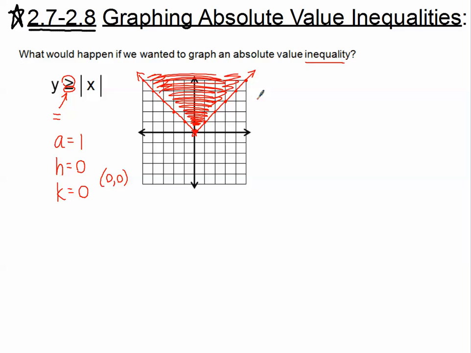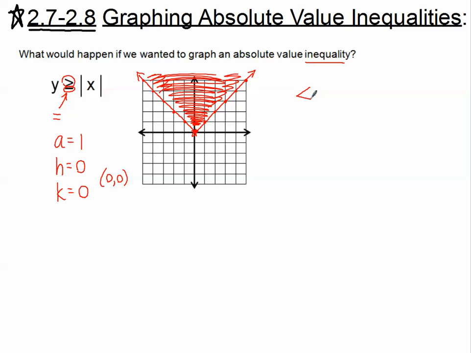So that's how you graph an absolute value inequality. You're going to graph the v, the graph, as if it were an equal sign, and then we're going to decide if we're shading inside the v, above, or outside the v, below. And that's really it. So we do have a few symbols to talk about.